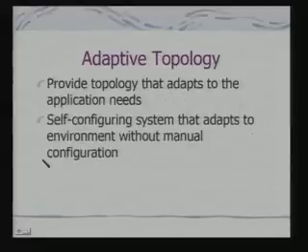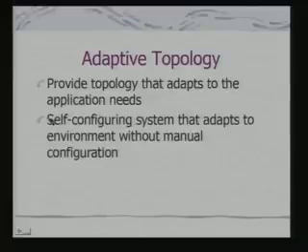Next, let us look at an adaptive topology. Adaptive topology basically provides a mechanism to adapt the existing topology with respect to the application needs. I have already illustrated that concept, when the nodes are moving around and I need to establish a path. So, this kind of adaptation is essential. We have a self-configuring system that adapts to the environment without manual configuration.